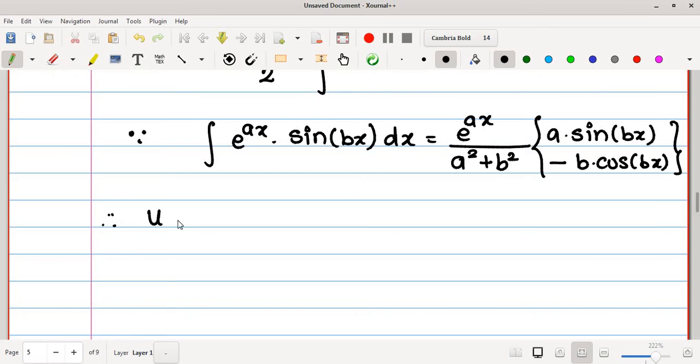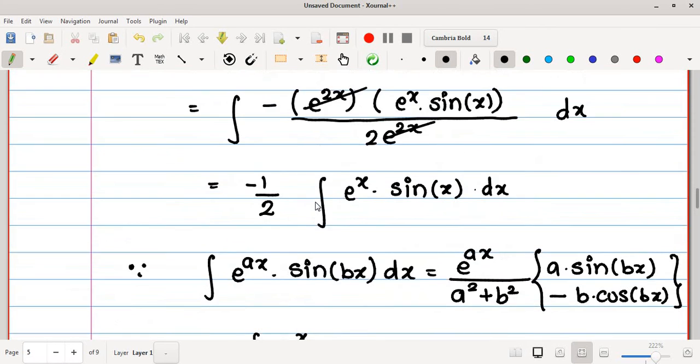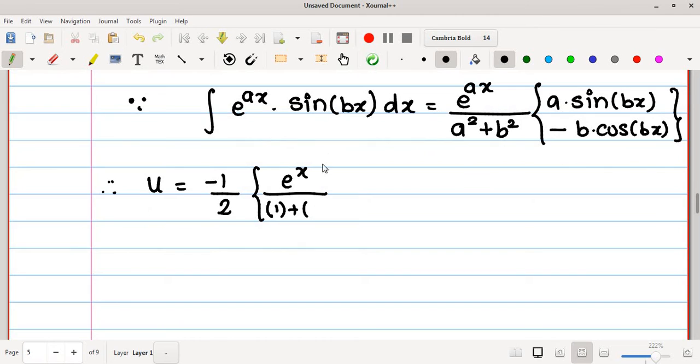So by using this formula, value for u is equal to minus 1 by 2 outside, and a is equal to 1 and b is equal to 2. So e raised to x upon 1 plus 1, into 1 times sin x minus 1 times cos x.